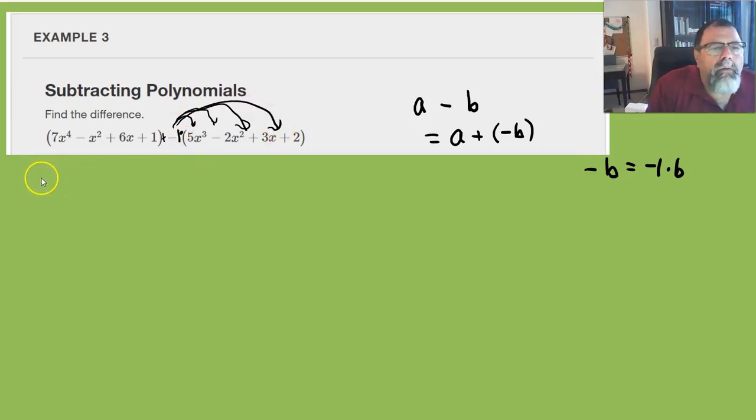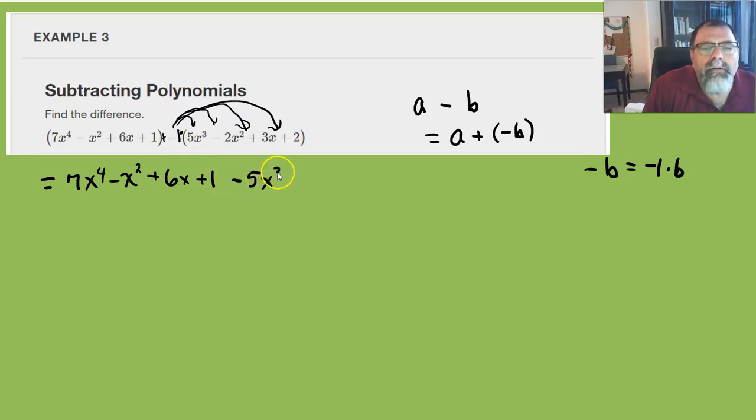We're going to rewrite this polynomial as 7x to the 4th minus x squared plus 6x plus 1, and we're going to distribute this negative 1, and we get negative 5x cubed. Now negative 1 times negative 2 would be positive 2x squared. Another way you can think of it is you're just going to change all these signs.